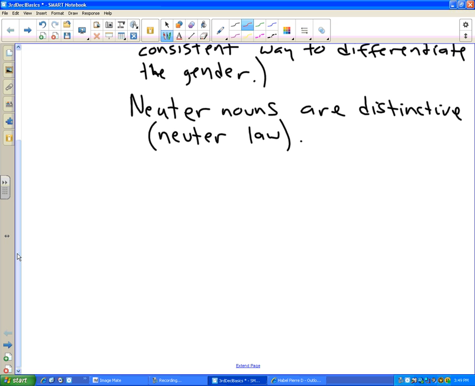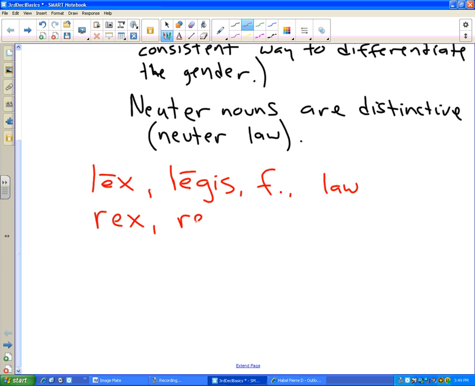When we deal with third declension nouns, and here's the point at which I'll throw some vocab entries at you, you're going to encounter nouns like lex, legis, the feminine noun that means law, or its counterpart, not really counterpart, but a very similarly formed noun in the nominative singular and then in the genitive singular, but it is masculine and it is the noun that means king.